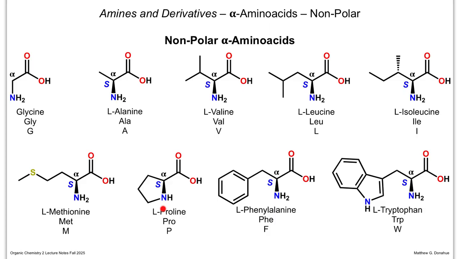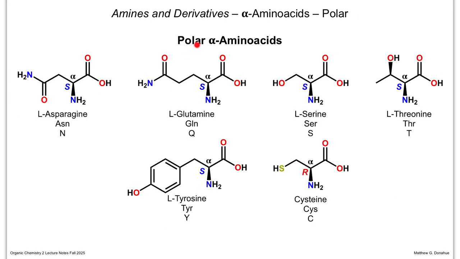Proline is the only one with a ring. Notice these other ones, that amino group is primary. Proline's the only one that's a secondary amine. Phenylalanine and then tryptophan. You have an aromatic ring, and now you have a heteroaromatic system. This thing here, benzene plus that, is called indole, and that makes tryptophan.